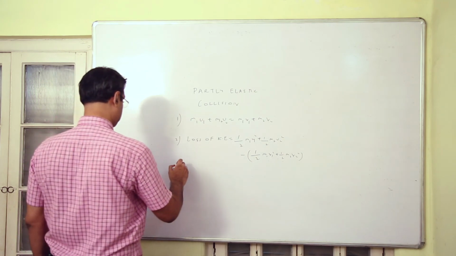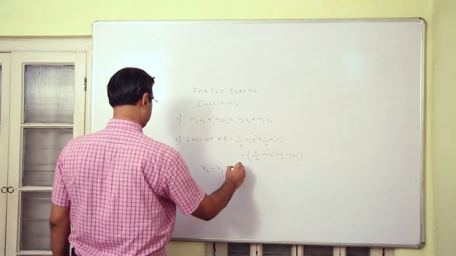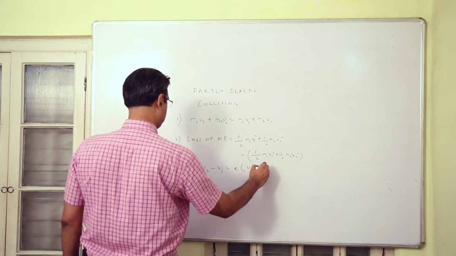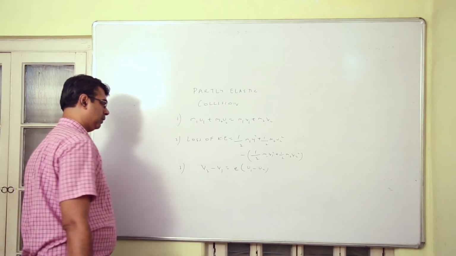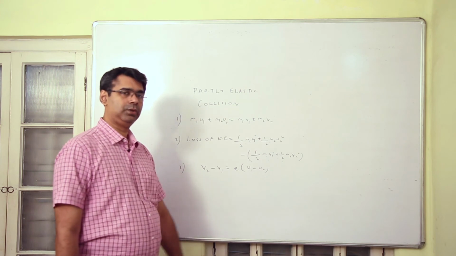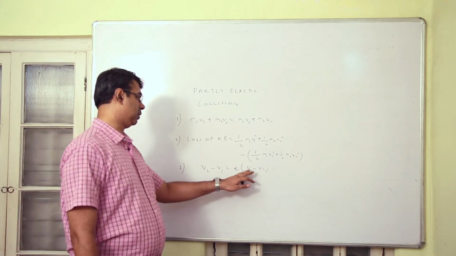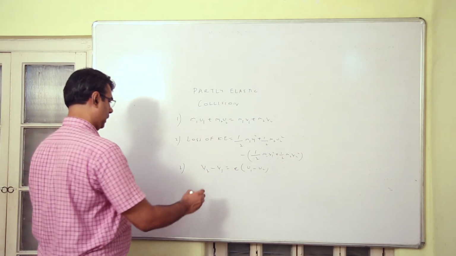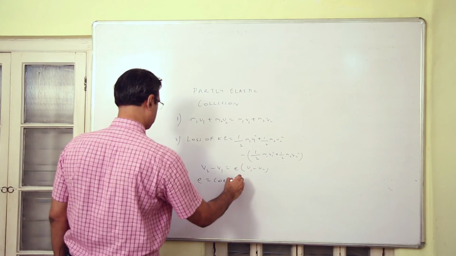Another thing is that the ratio of velocity of separation to velocity of approach, v2 minus v1, if you remember, this is velocity of separation, u1 minus u2 is velocity of approach. So the ratio of velocity of separation to velocity of approach is called coefficient of restitution.